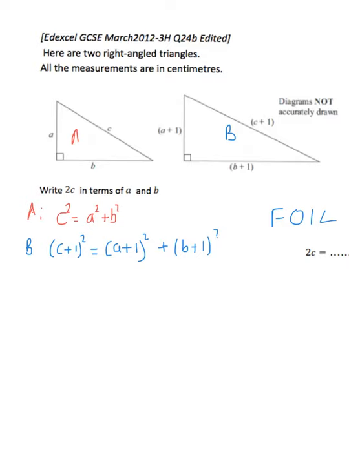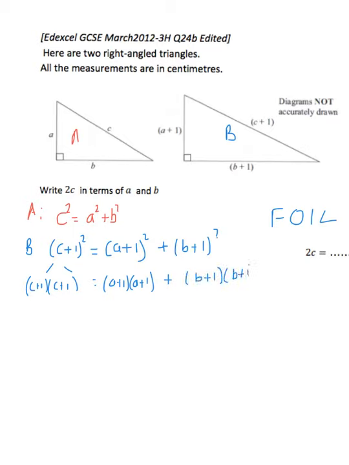So that would give me, don't forget, this means C plus 1 times C plus 1. This here means A plus 1 times A plus 1. And this term here is B plus 1 times B plus 1.